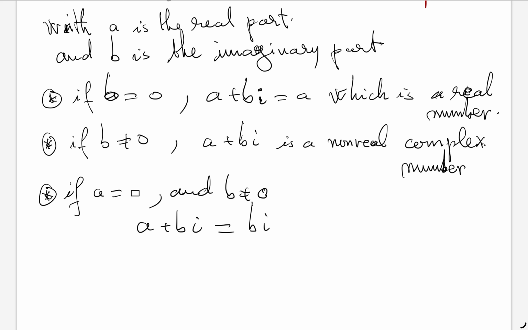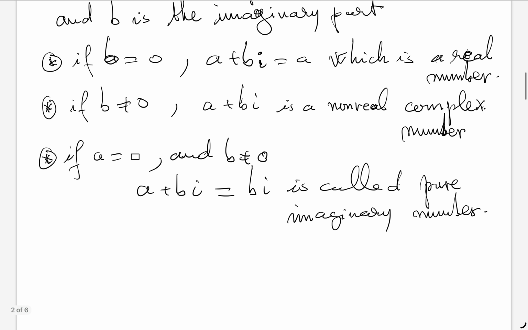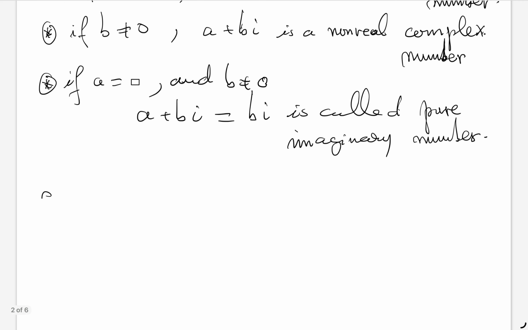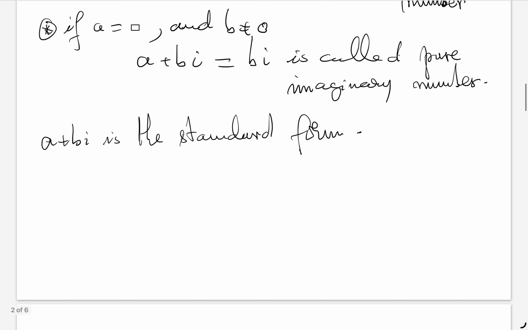This one is just a pure imaginary number. It's called a pure imaginary number. And then remember, a plus bi is the standard form.